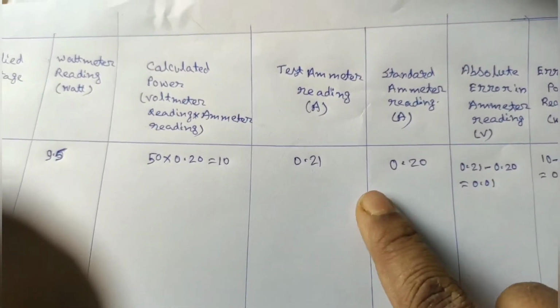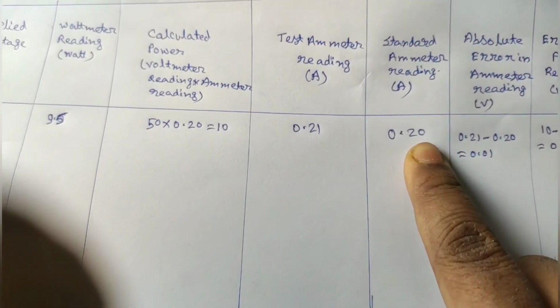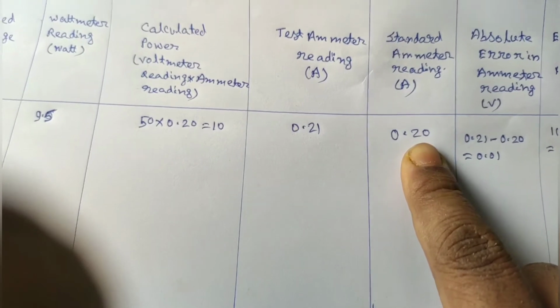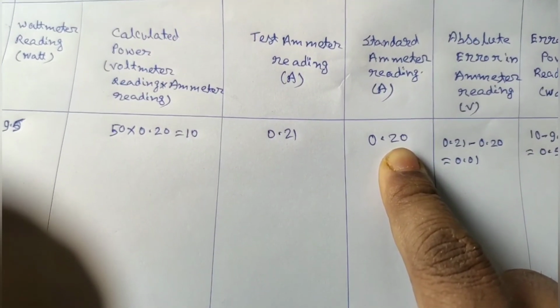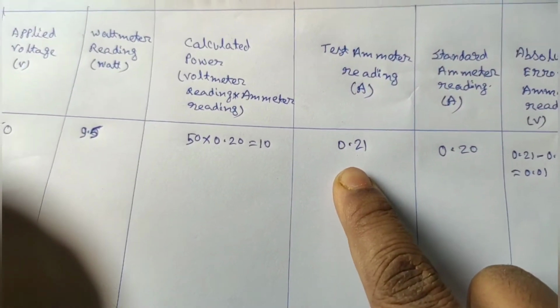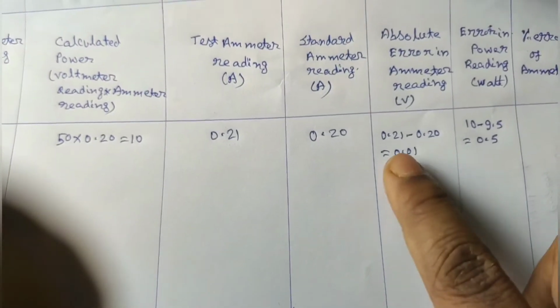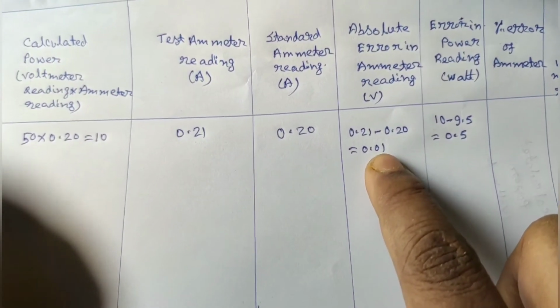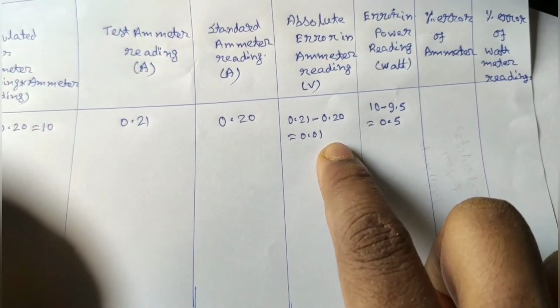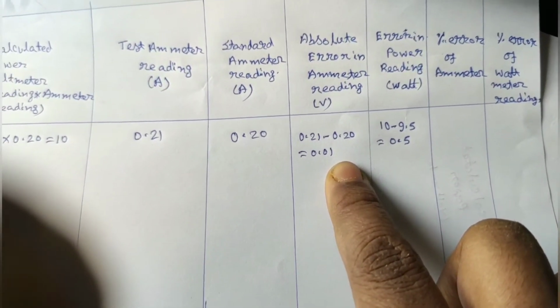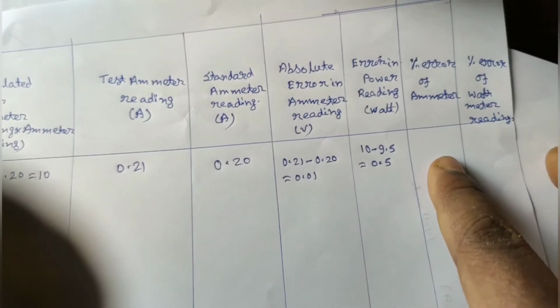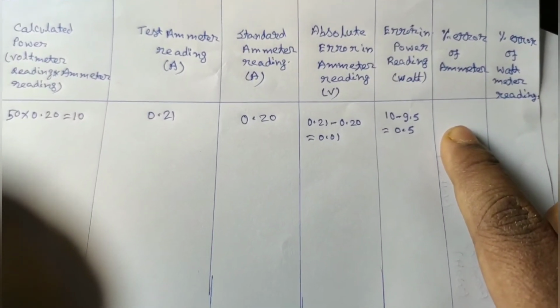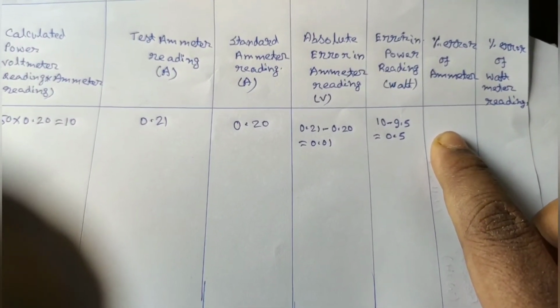So this one is my standard ammeter reading. This is my test ammeter reading. So what is the difference between these two? 0.01. If I multiply it by 100, then we will get the percentage error.